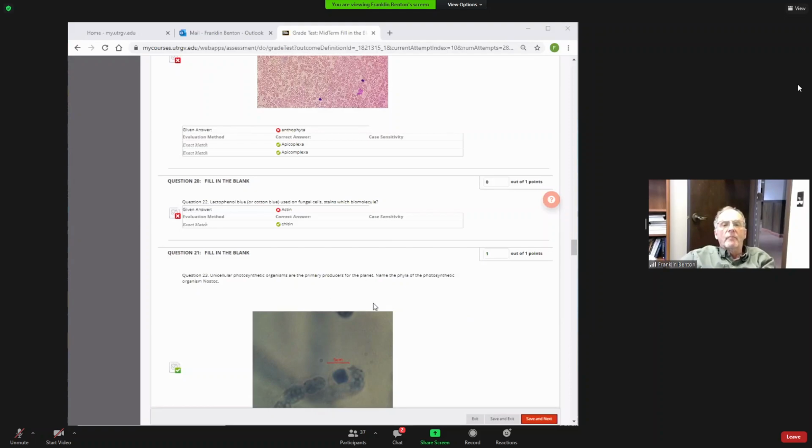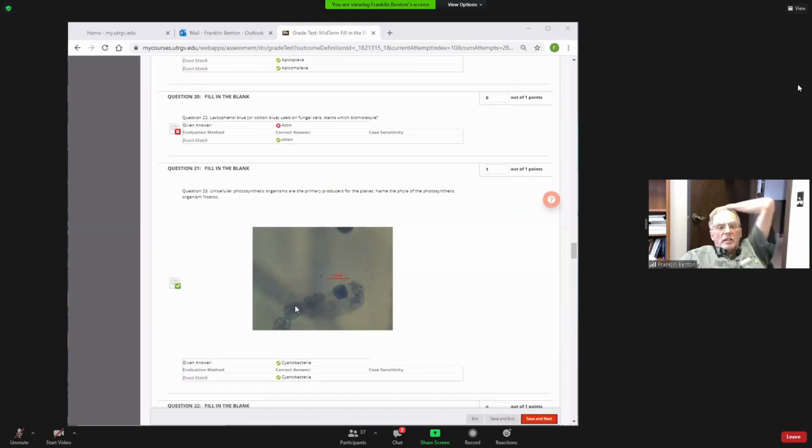Okay. Now, this is Nostoc. Nostoc is a blue-green algae, and it's very, very common locally. We collect it every time I teach marine botany, and we look at it. And Nostoc is actually put in some types of food supplements.